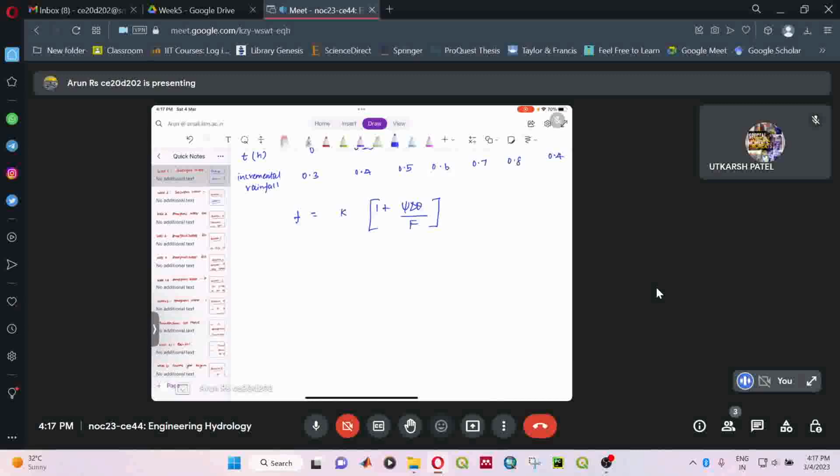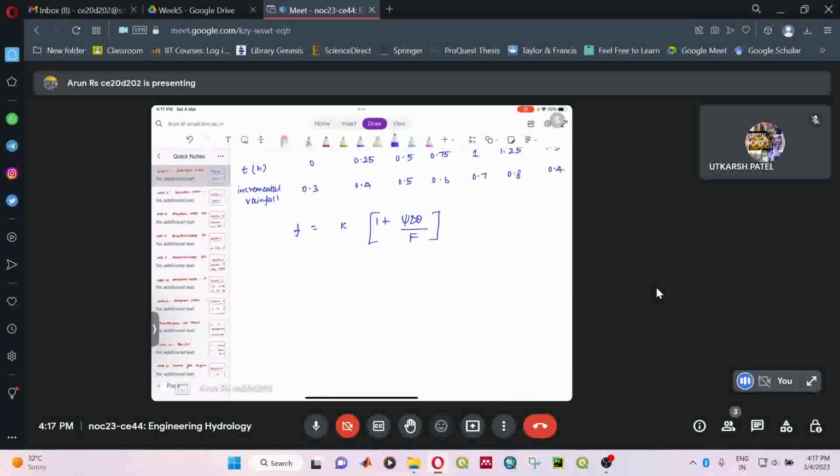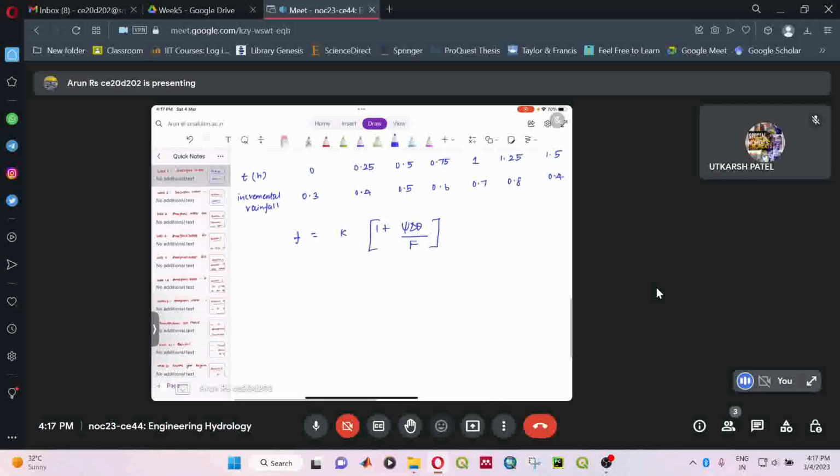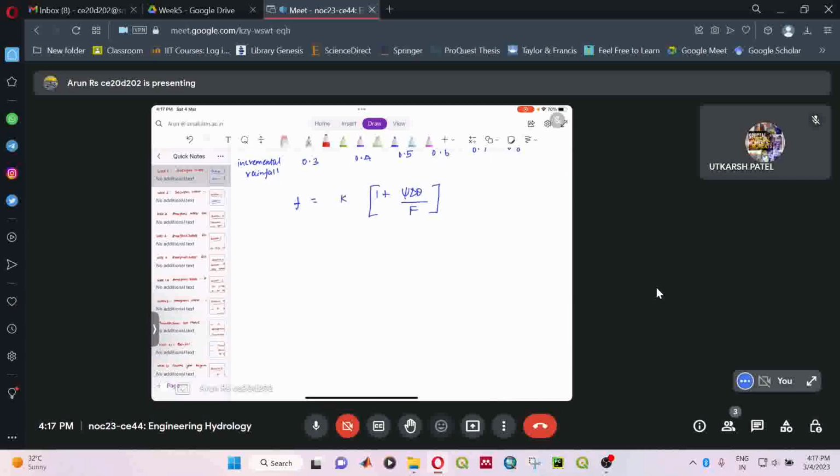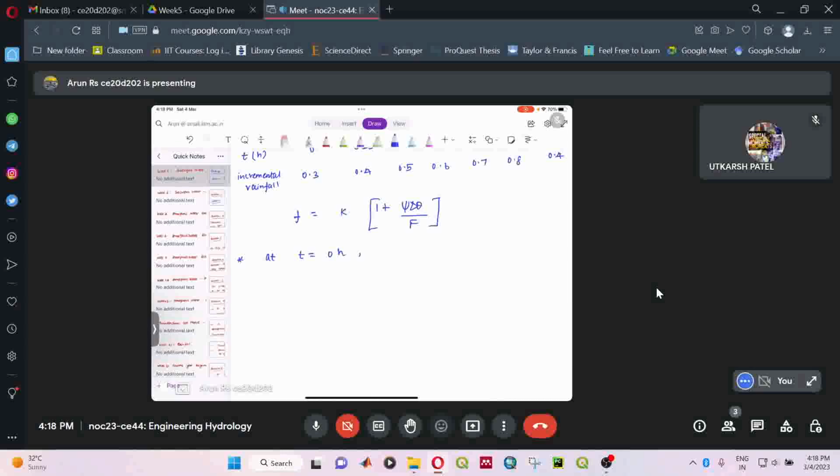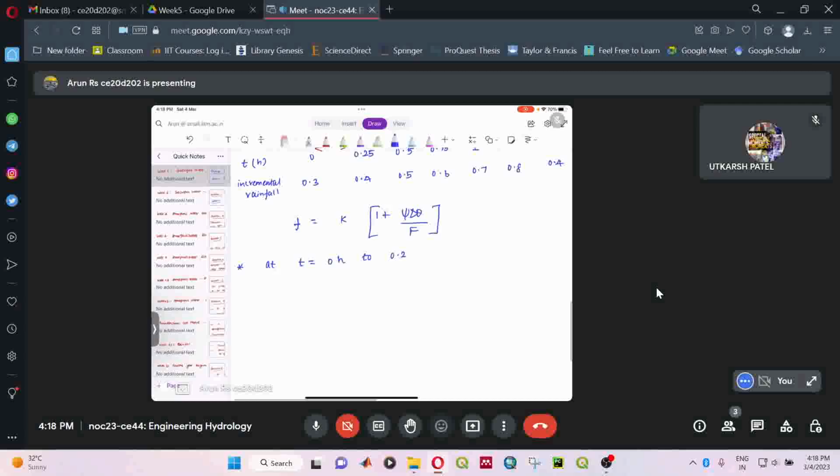Now we will see the time step equal to 0 hours, the time interval between 0 and 0.25 hours. So I'm going to represent it as the first time step, at t equal to 0 hours to 0.25 hours.